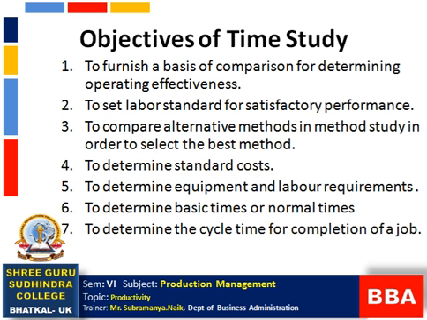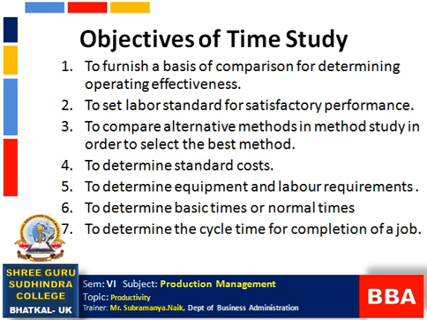Third one is to compare alternative methods in method study in order to select the best method. Whatever we did in method study, what is our aim? To bring an improved method. So while you are selecting the best method also, time study is very helpful. Next, fourth one is to determine standard cost.